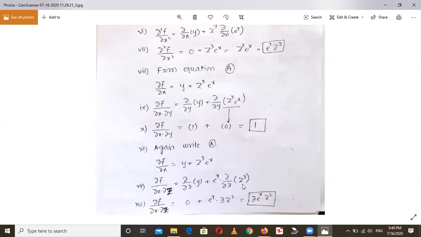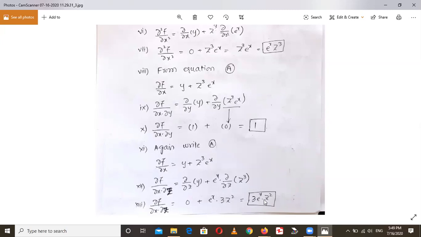According to the power rule, I have already told you on the whiteboard, this power will come forward, so this 3 will come forward, and subtract 1 from this power. If I subtract 1 from 3, this will become 2, so I write 2 here. So 0 plus this thing will be equal to 3 e^x z squared.